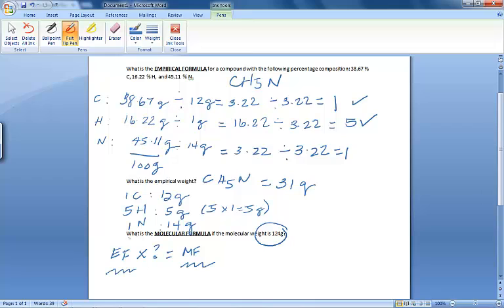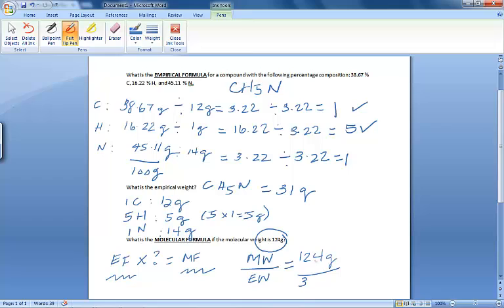So if these two are ratios, the easiest way is to take the molecular weight and divide by the empirical weight. We're told the molecular weight is 124 grams. We've calculated the empirical weight up here ourselves at 31 grams. So 124 divided by 31 gives us 4.